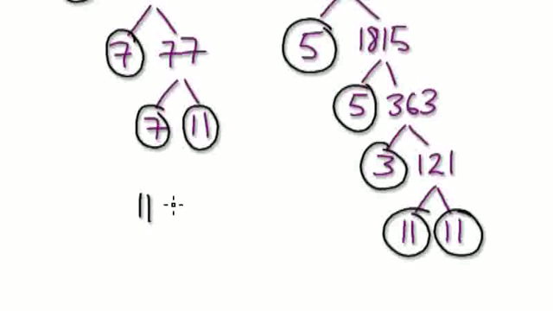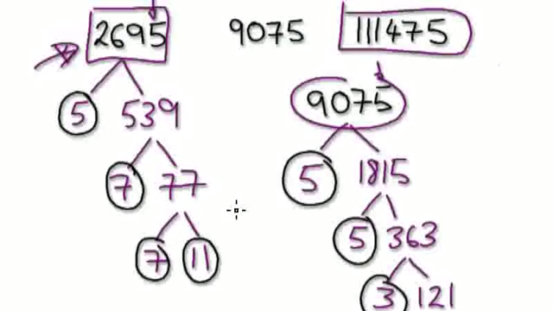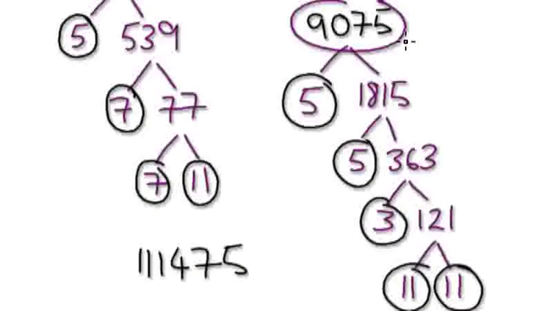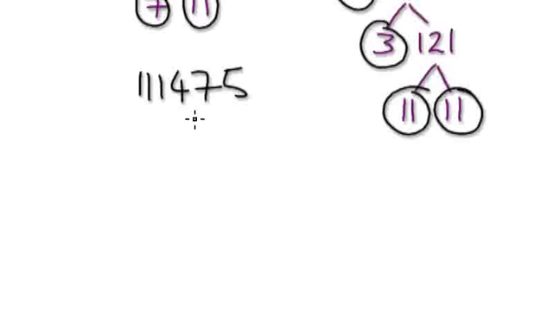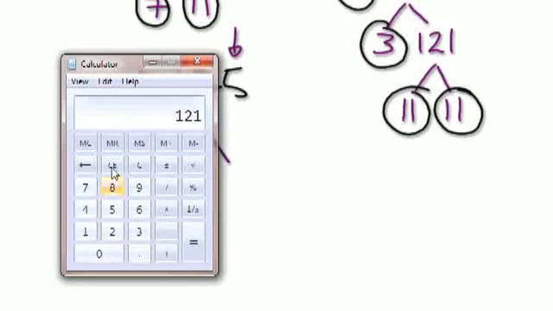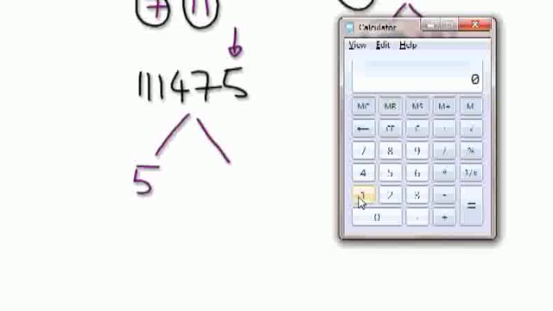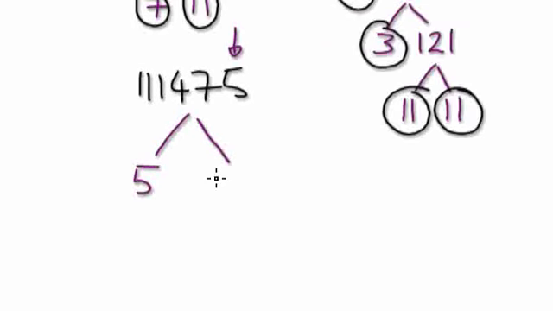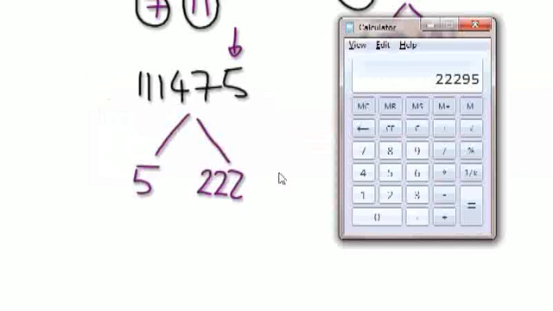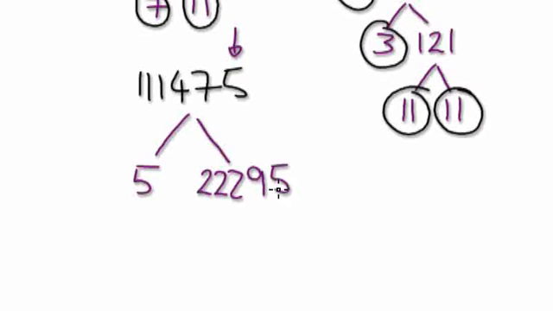So it's 111475. I think. Let me double check. 111475. Yeah, that's right. So let's try and break this down. Again, because of this 5 here, I'm going to try 5. 111475 divided by 5 equals 22295.